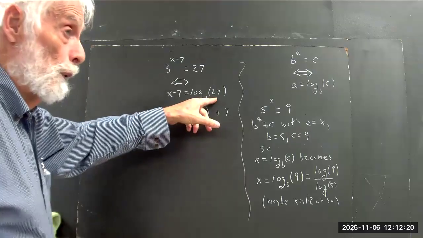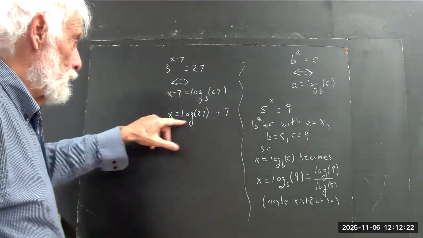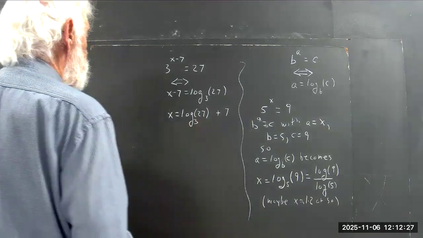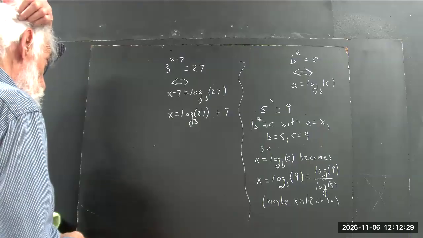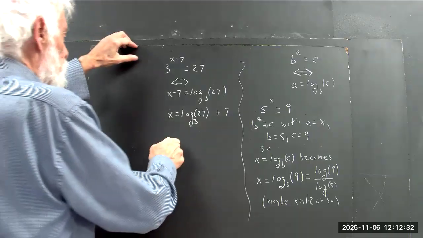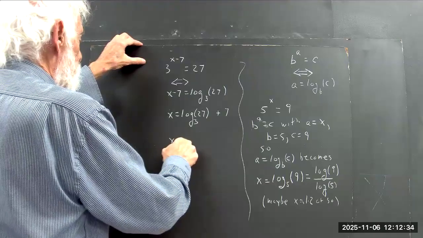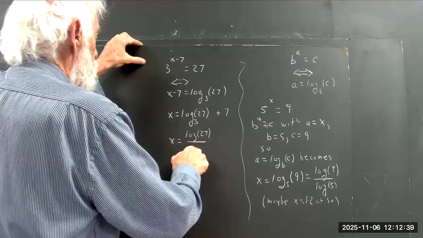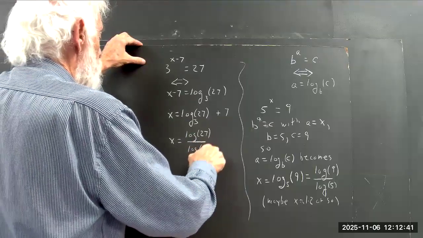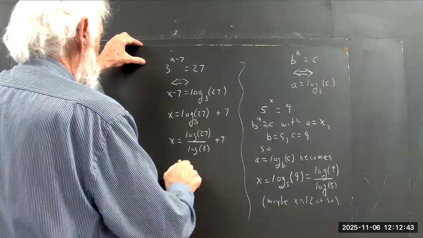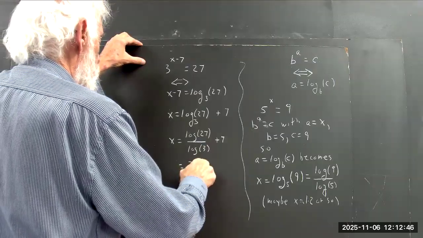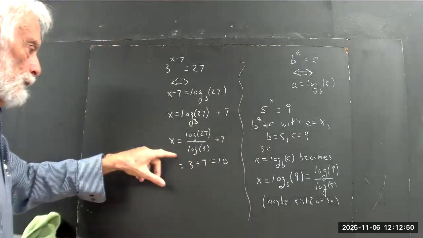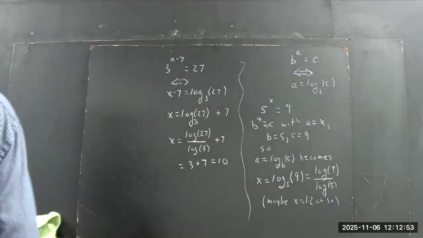Now the plus 7 doesn't go with that 27. The 7 is added to whatever the log base 3 of 27 is. So you could solve this then using your calculator. And that is then x is going to equal 3 plus 7, which equals 10.